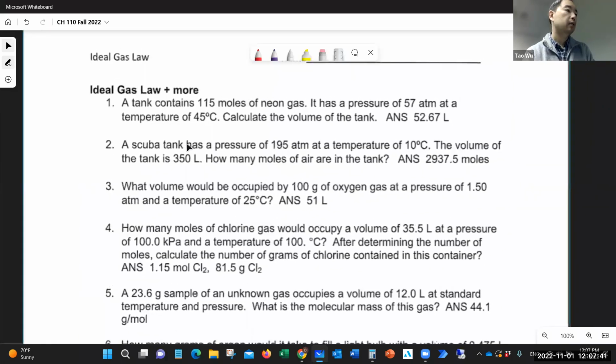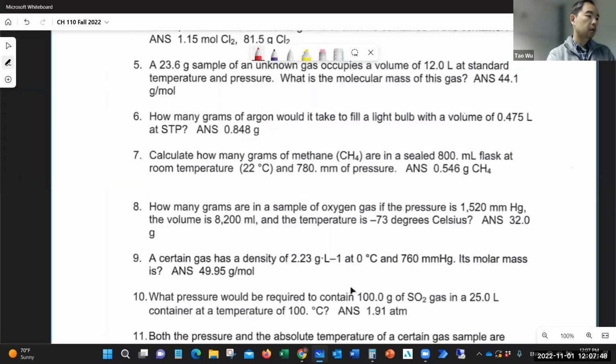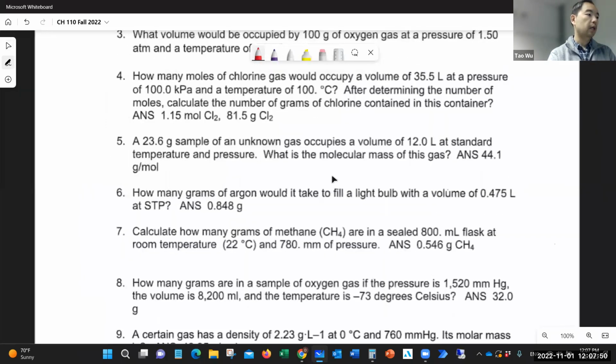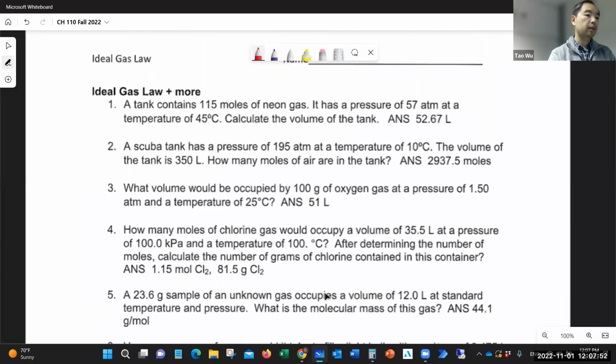Okay, so let's look at the first question. This is page 18. Let's look at this question.